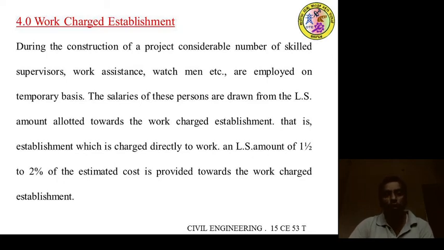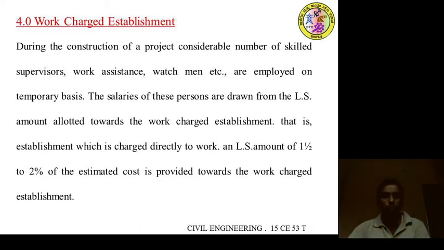The salaries of these persons are drawn from the lump sum amount allotted towards the work charge establishment, that is, establishment which is charged directly to the work, in a percentage of 1.5 to 2% of the estimated cost. Then it is a lump sum amount.